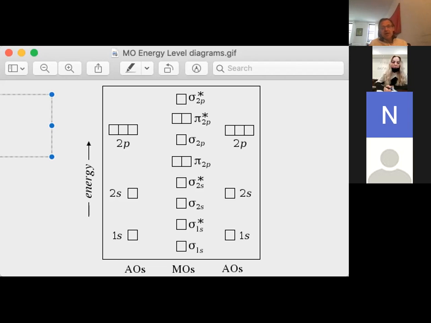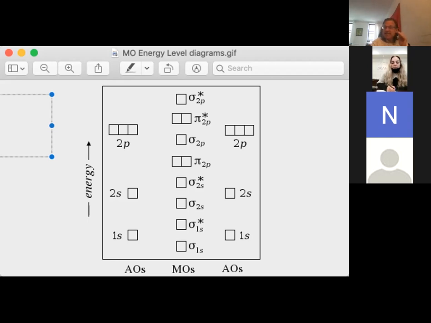Again, they're going to be the same element. So it's not going to be like HCl or HF. It's going to be H2 or F2 or F2 minus. So each atom has to be the same element for the ones that we're doing. Okay. So the one on the left could be the first atom and the one on the right would be the second atom. And then this shows you how they form the molecular orbitals.